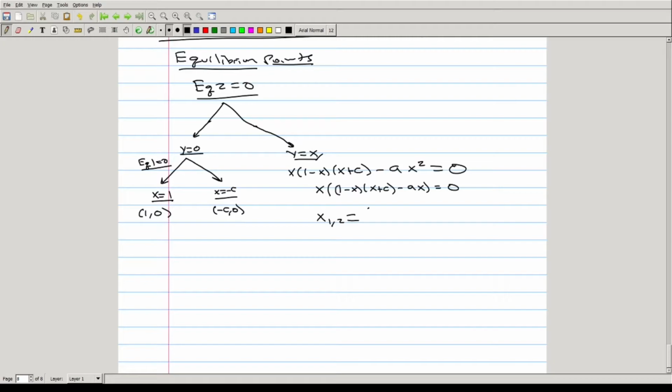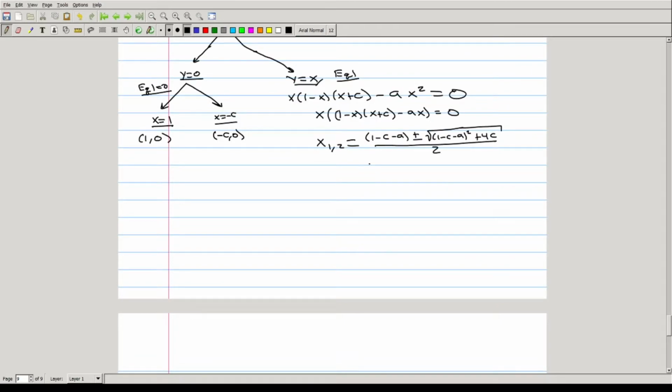And the exact expression you get is 1 minus c minus a plus or minus the square root of 1 minus c minus a squared plus 4c, over 2. These are the roots of this equation right here, which satisfy the equilibrium point conditions for equation 1 and equation 2, and therefore we have two new critical points, or equilibrium points.